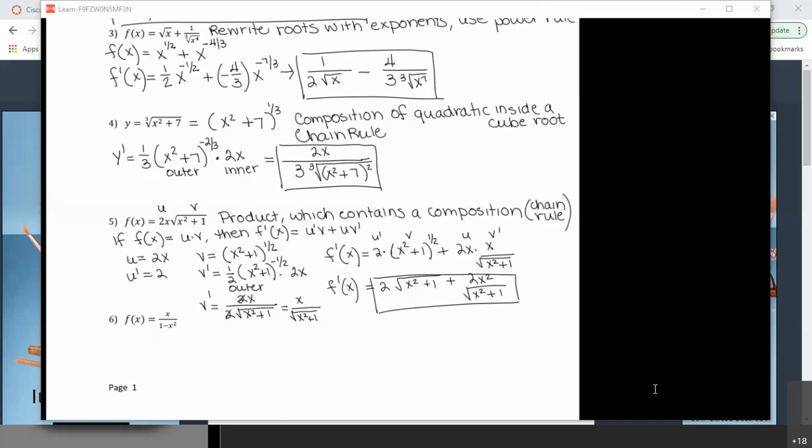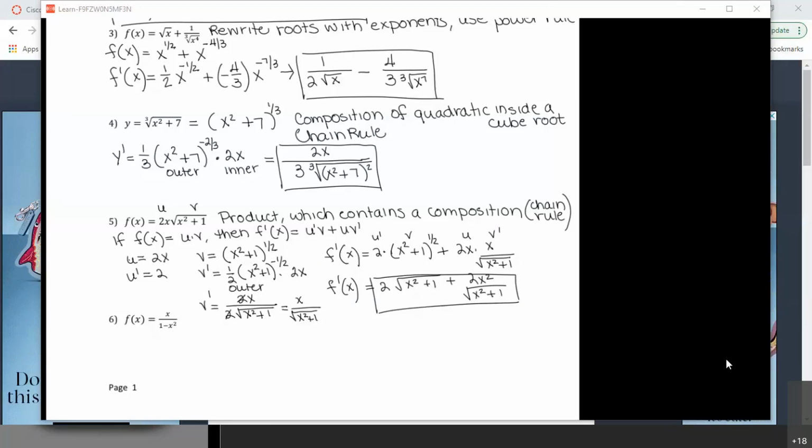Let me stop and ask, with the product rule and the chain rule inside of it, I'm stopping and asking for feedback. Are you okay with this? All right so far?